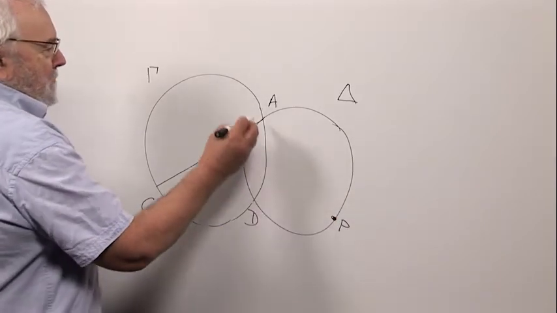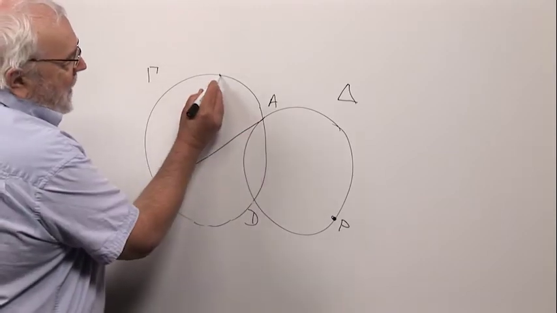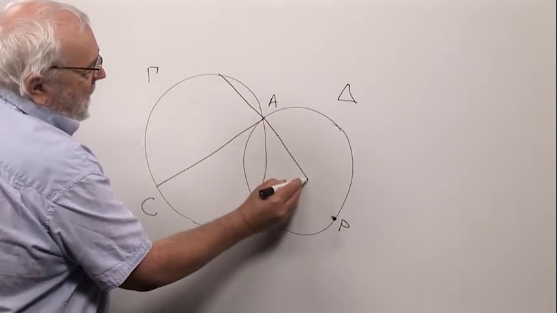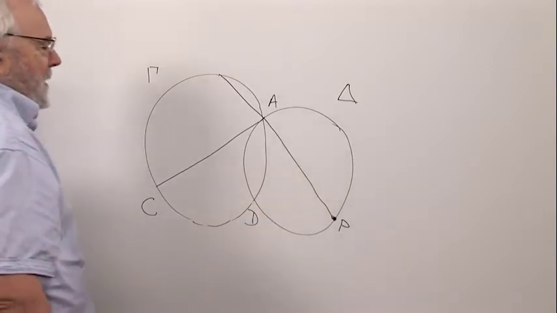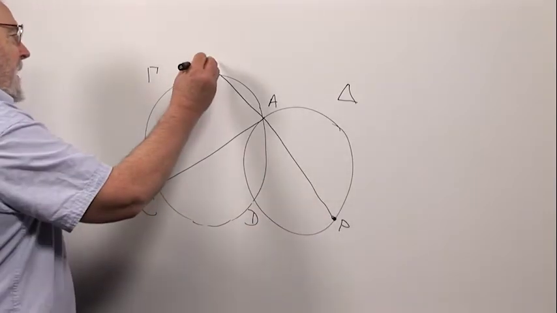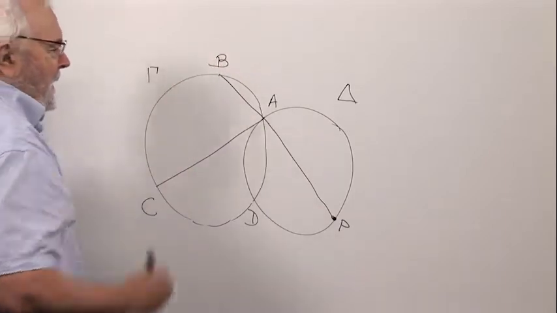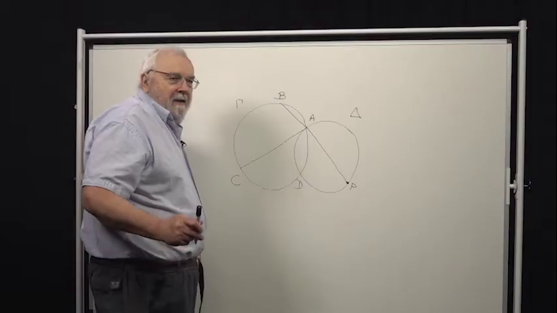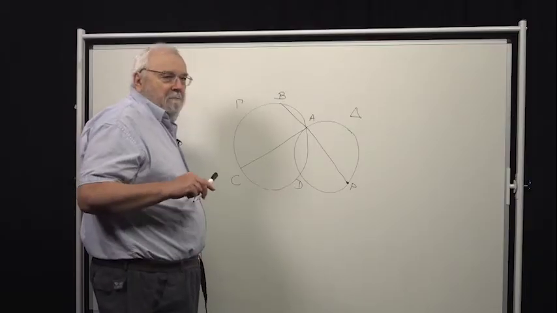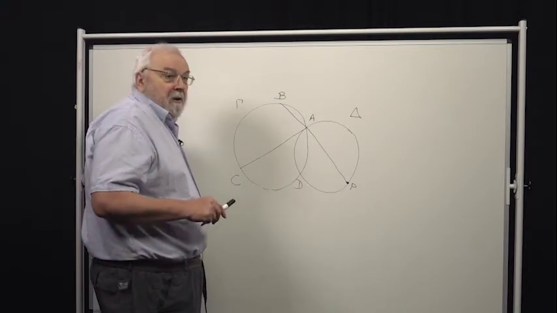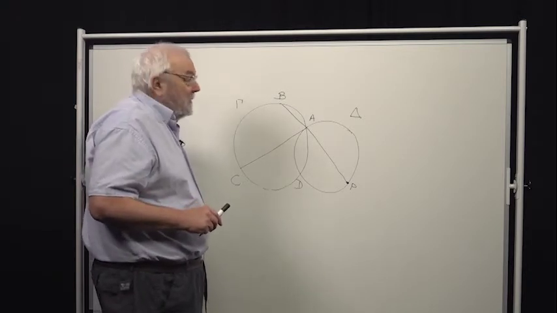And then A, P, and B are on a straight line. So your diagram looks something like that. And we're lucky, A has fallen in between B and P, as was required in the specification of the problem.